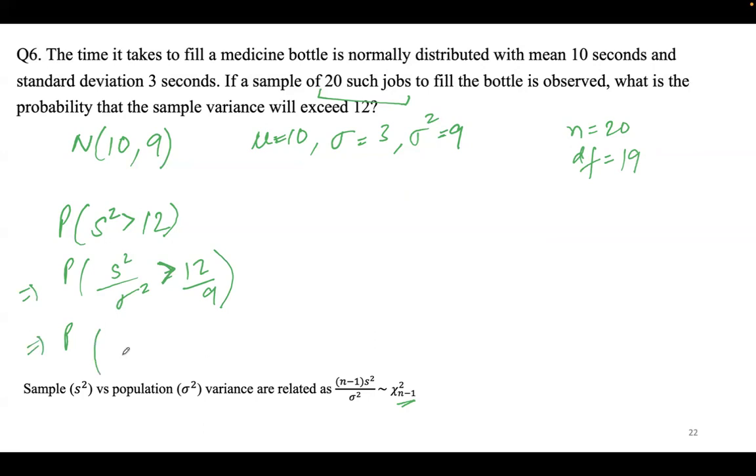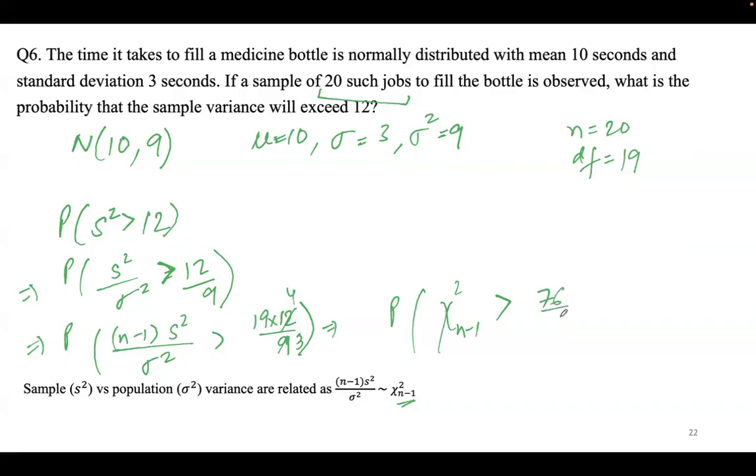And then we can also have the n-1 term, so n-1 s square by sigma square. n-1 is 19 here, so that's going to be 19 into 12 by 9. Of course we can simplify this. So probability that this chi-square with n-1 degrees of freedom is greater than 76 by 3.